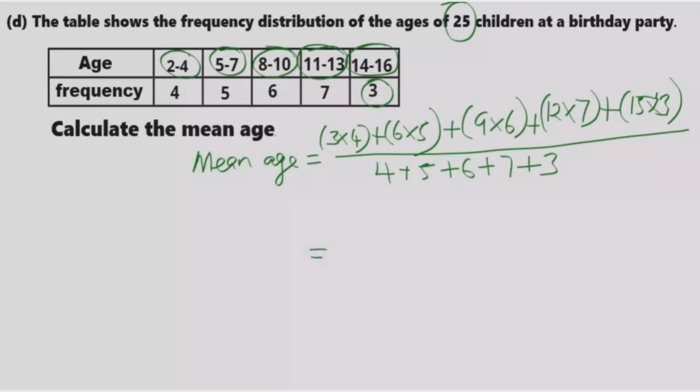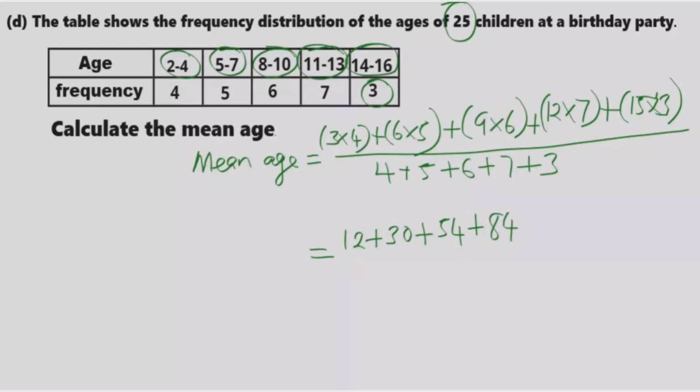So we say equal to, then 3 times 4 will give us 12, plus 6 times 5 will give us 30, plus 9 times 6 will give us 54, plus 7 times 12, that is 84.